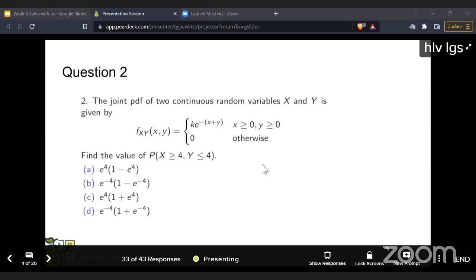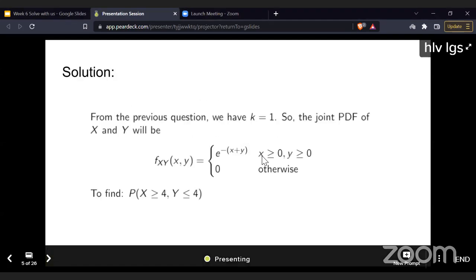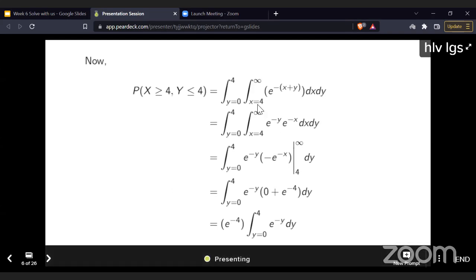Right. Since x is greater than or equal to 4 and y is less than or equal to 4, and we know x is greater than or equal to 0 and also y is greater than or equal to 0, once you take the limits, you will get x varying from 4 to infinity and y varying from 0 to 4.